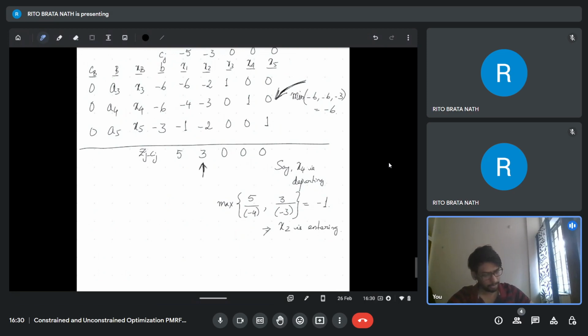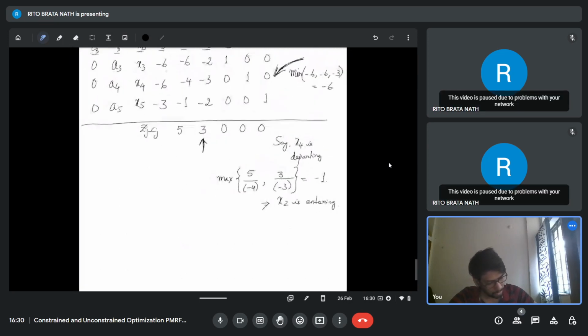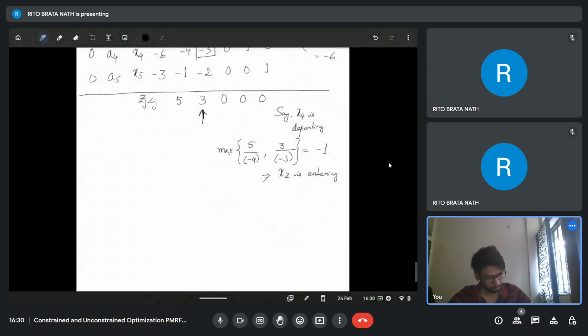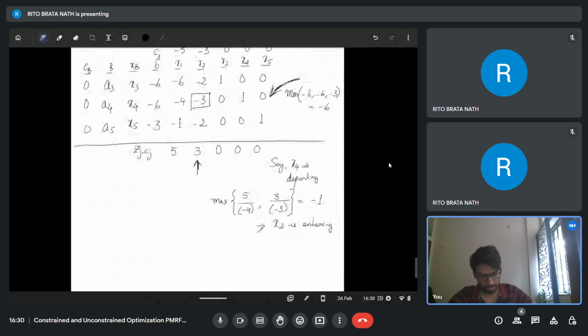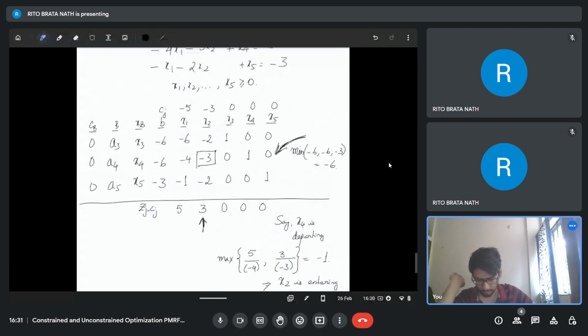Now what you can get from here is that this will be your pivot, right? So you have to divide this by -3. Yeah, I think it's easier to do it in Excel. The calculations will become easier, but let me finish it off here.